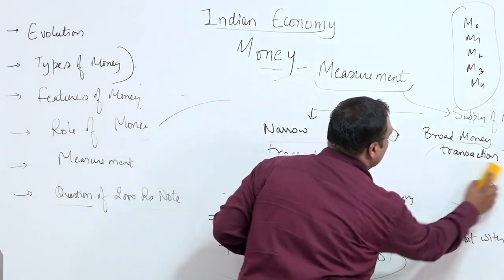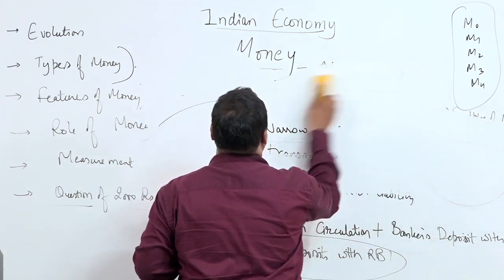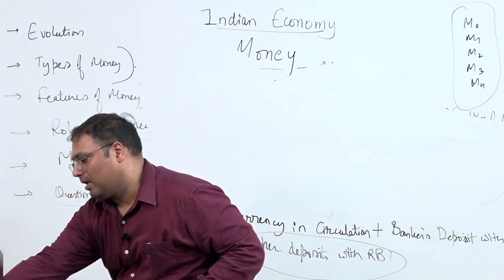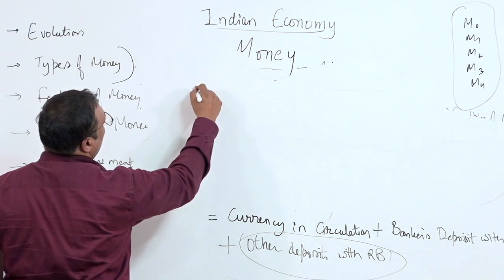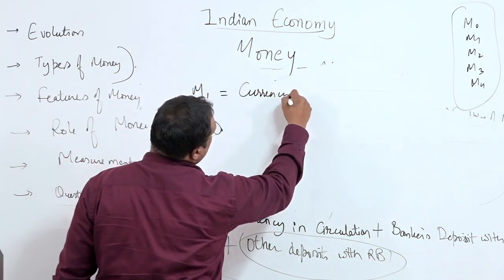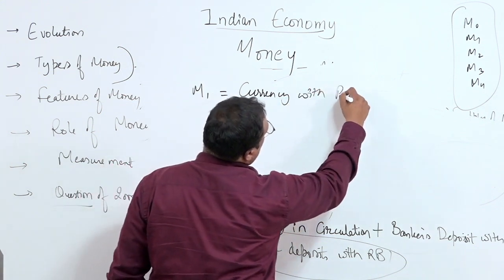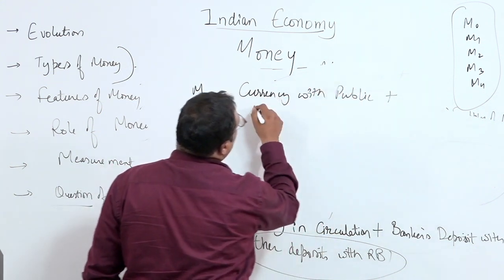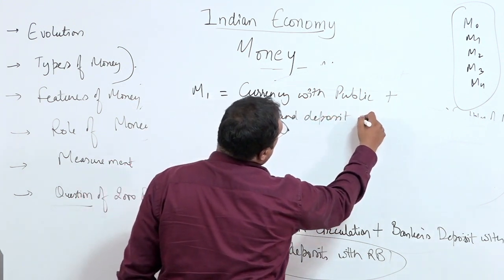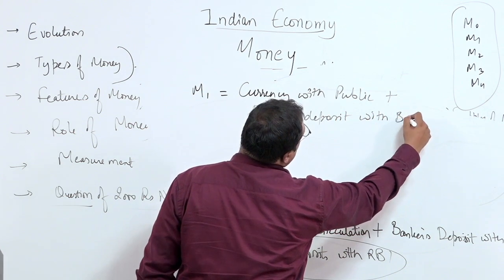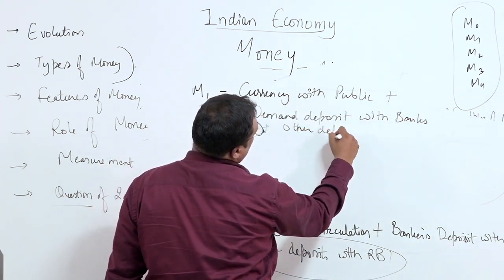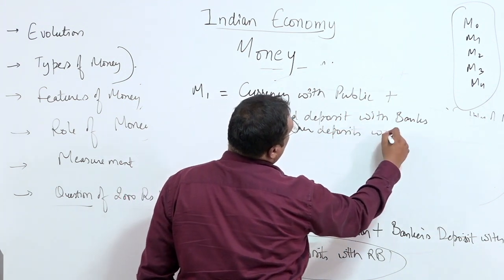Now we come to M1. So we have seen what is M0. Now look at M1. M1 is currency with public plus demand deposit with bank plus other deposits with RBI.